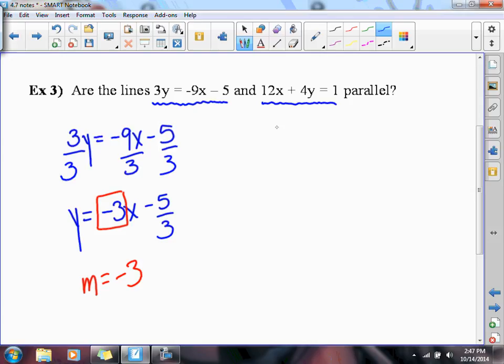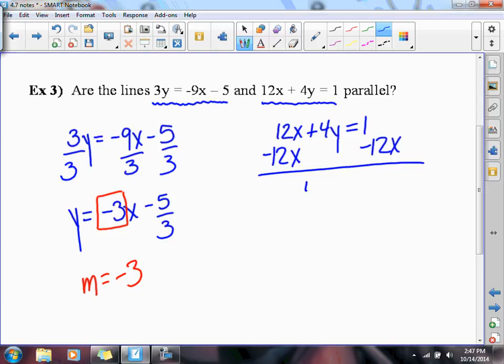Okay, and then my other line, I had 12x plus 4y equals 1. Remember, that's in standard form. So I'm going to subtract the 12x to the other side. So 4y equals, I'm going to write the negative 12x first and then the plus 1. I'd make it a plus 1 because the 1 is positive.